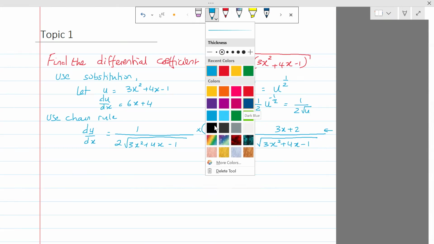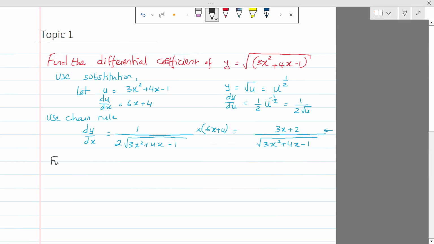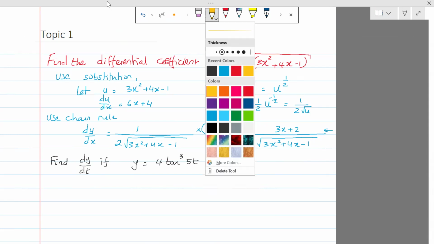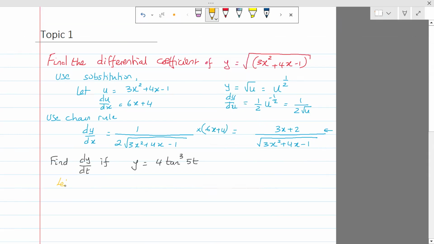Now you can also try this. Find dy by dt if y becomes 4 tan cubed 5t. So how are you going to work this out? Same thing. Let u become tan of 5t. So du by dt.